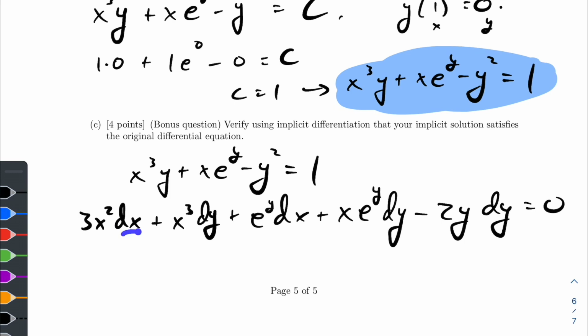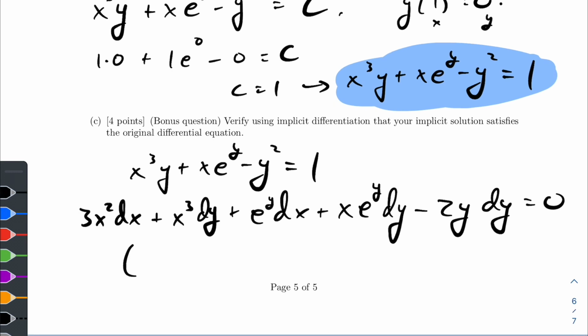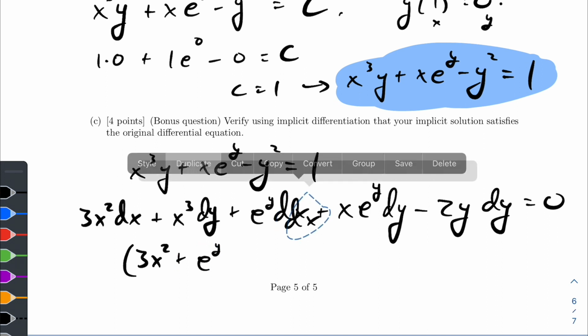I now group all of my dx terms together and all of my dy terms together. So I get dx term, I get 3x squared plus e to the y dx.